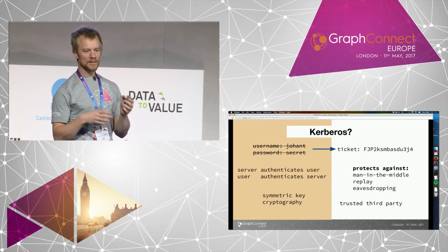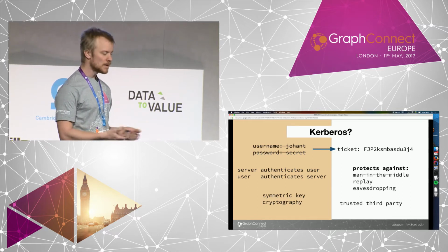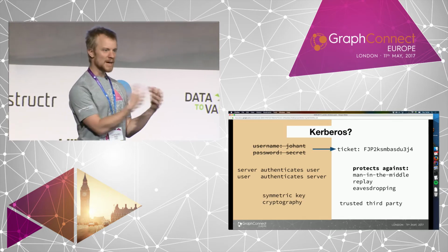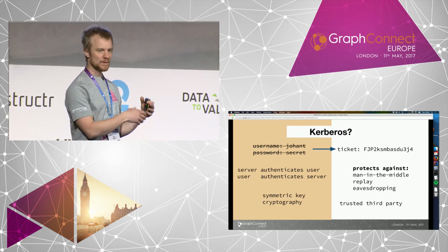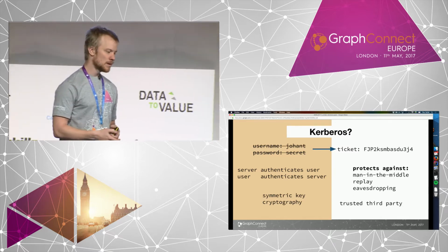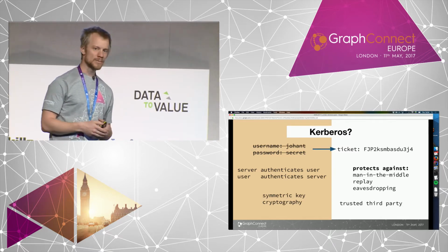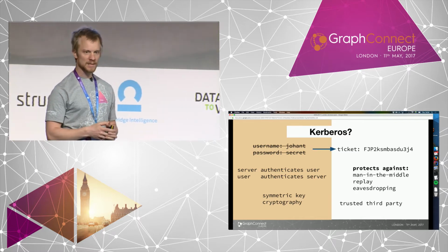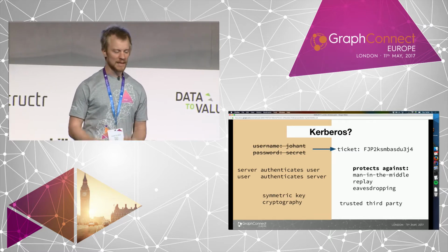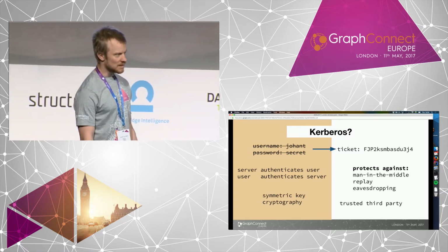And then you would also have your client authenticate your server, which is very good, of course, if you are connecting to some IP address. You want to be certain that the computer behind that IP address is actually the computer that you wanted to connect to. So this allows the protocol to protect against all kinds of attacks: man-in-the-middle attacks, replay attacks, eavesdropping attacks, and other attacks.